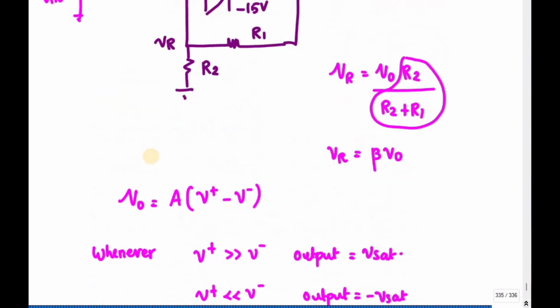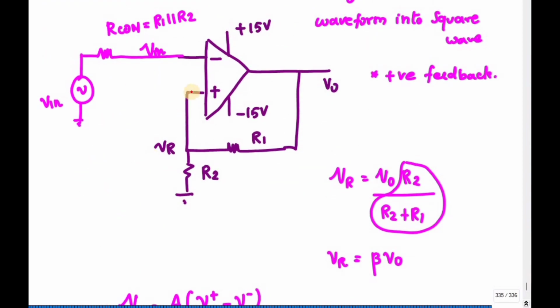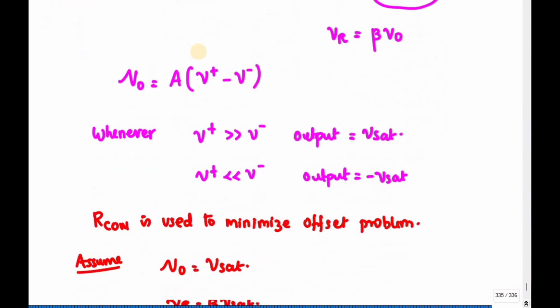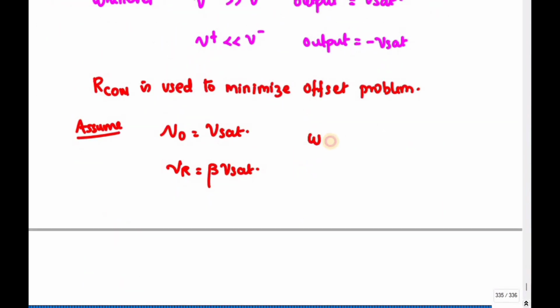Whenever the input signal crosses this beta V sat, that is, the V in value goes greater than VR, which is nothing but beta V sat.